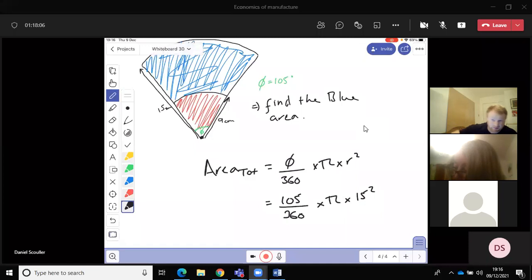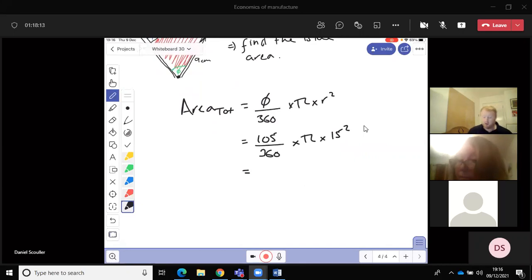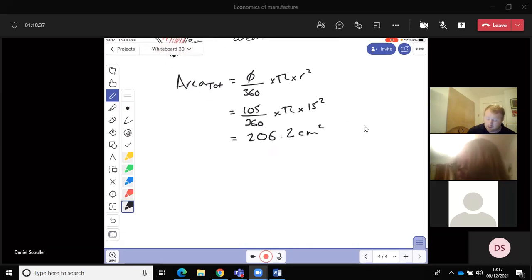So we're looking for the total blue plus red. Putting that in a calculator, 105 divided by 360 multiplied by pi multiplied by 15 squared. I'm getting 206.2 centimeters squared.